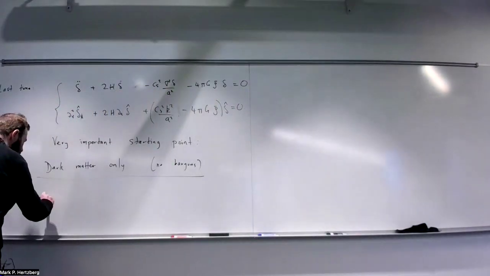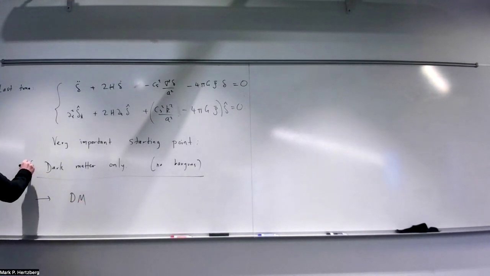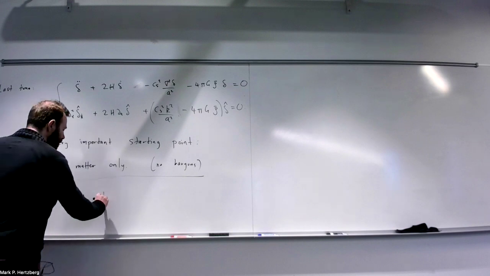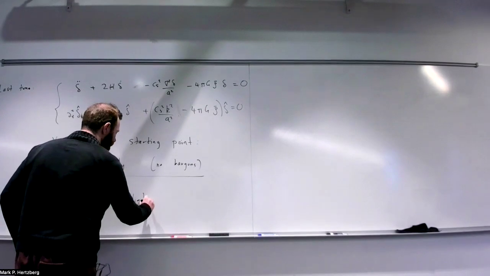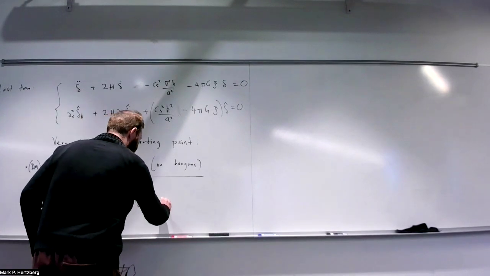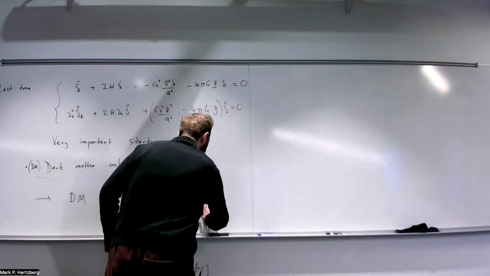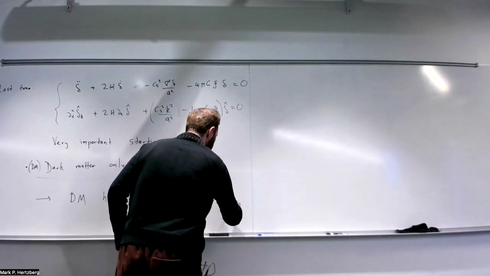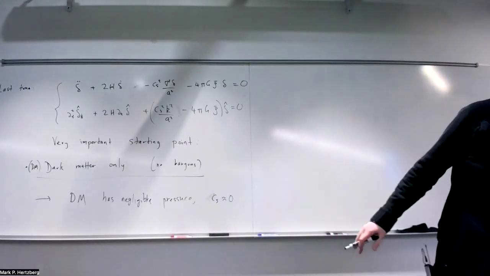The simplification that comes from dark matter is that dark matter has negligible pressure and associated negligible sound speed. So the c_s is much, much less than the speed of light. We can more or less just set it to 0.